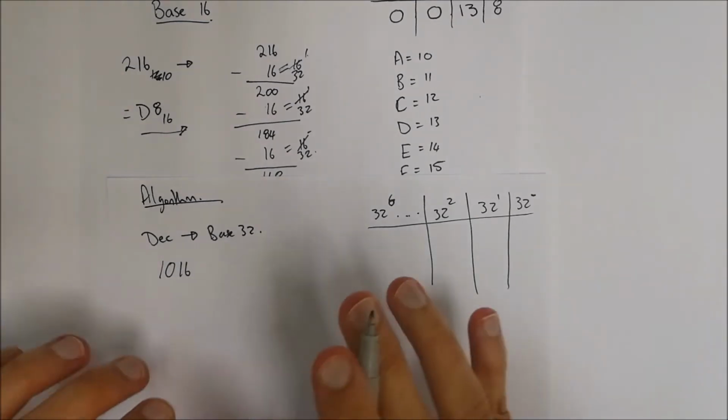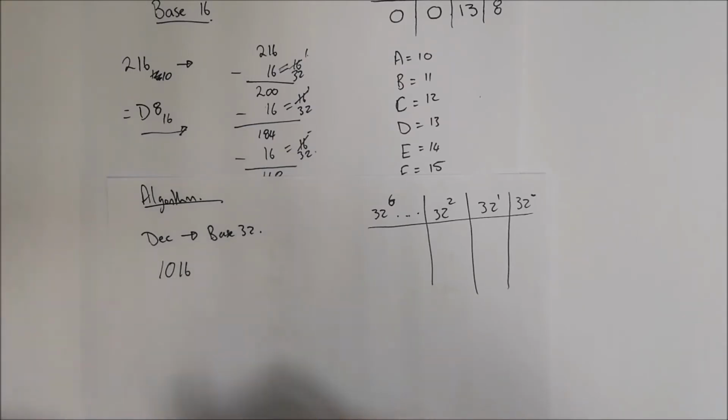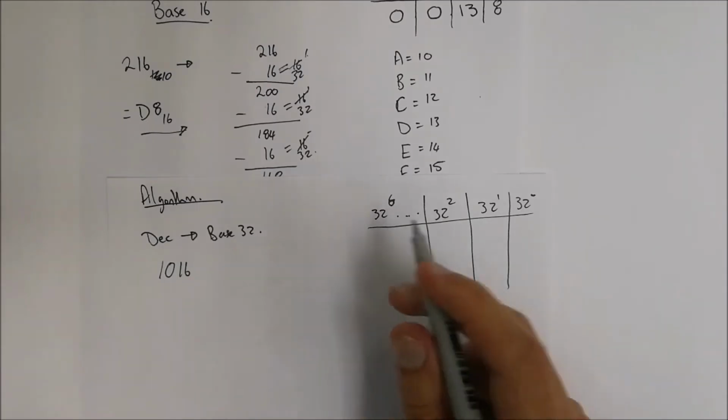We can see immediately that it won't be possible, because 32 to the power of 6 is a massive number: 1073741824. So we know it won't be able to go into that.